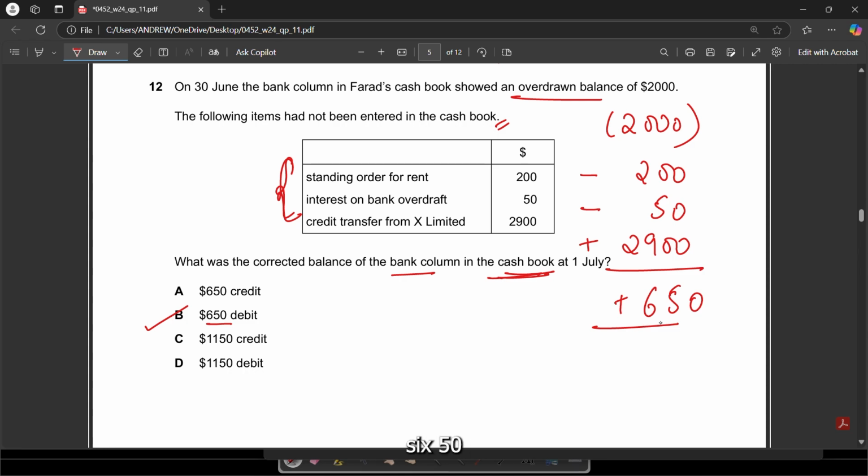If this 650 would be negative, in that case your 650 would be written on the credit side of the bank column, and A would be the right answer. But the correct answer would be B, because we are getting a 650 debit balance.